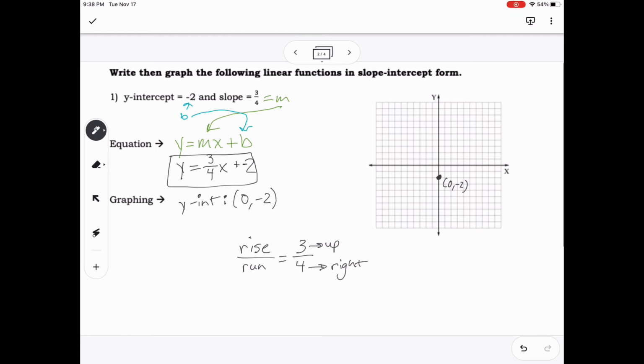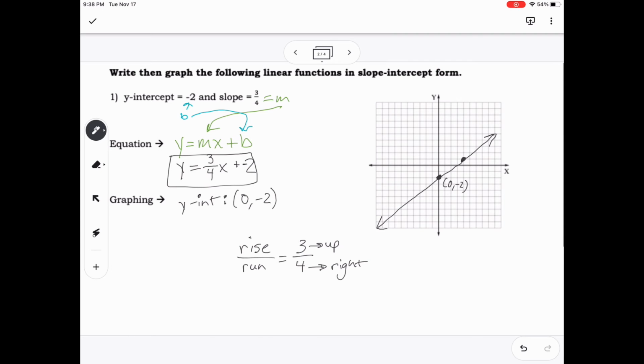So starting at 0, -2, I go up 1, 2, 3. Then I go to the right 1, 2, 3, 4. So I put a point right there. And then I draw a line connecting my 2 points, and that would be my graph.